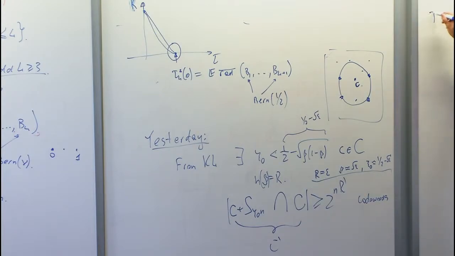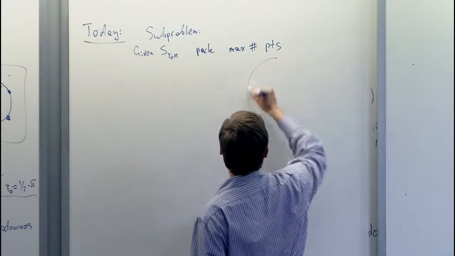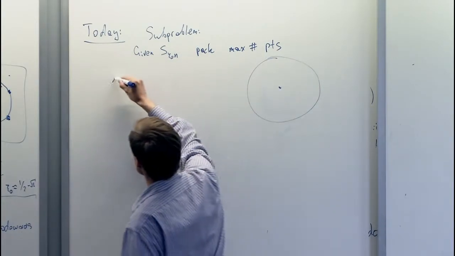Okay, so the next step, and that's what I hope to talk a little bit about today, is to solve this sub-problem. So given S psi 0 n, which is a Hamming sphere, pack a maximum number of points such that the following.